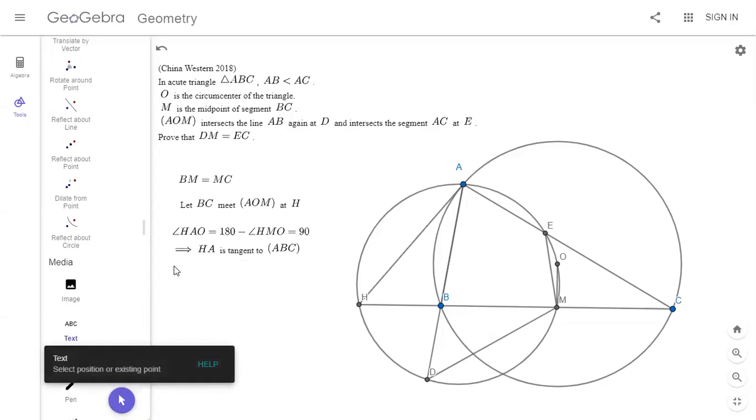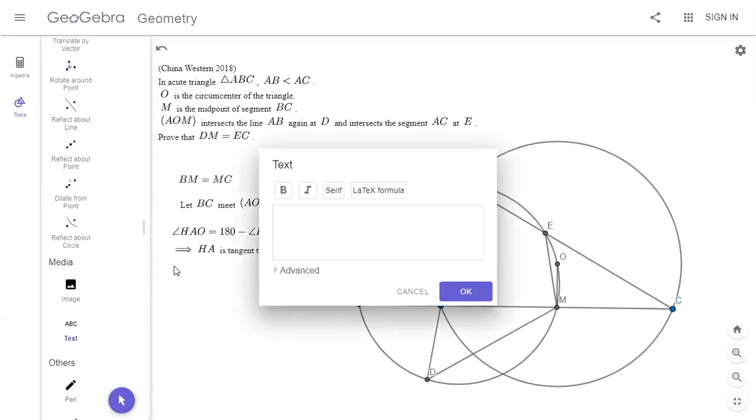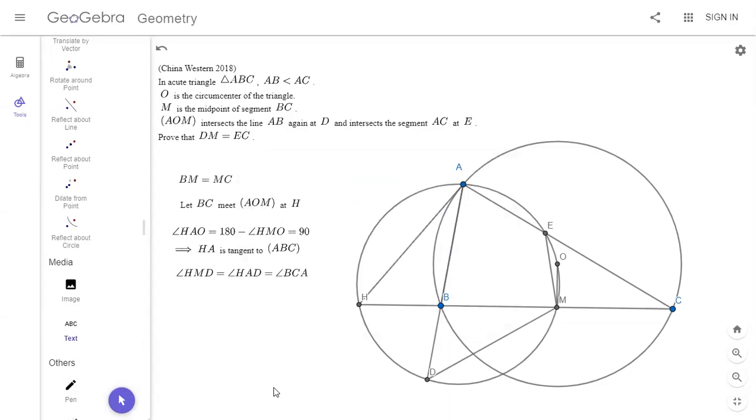And that means that angle HMD is equal to angle HAD, which is equal to angle BCE, or BCA. We'll just write that.